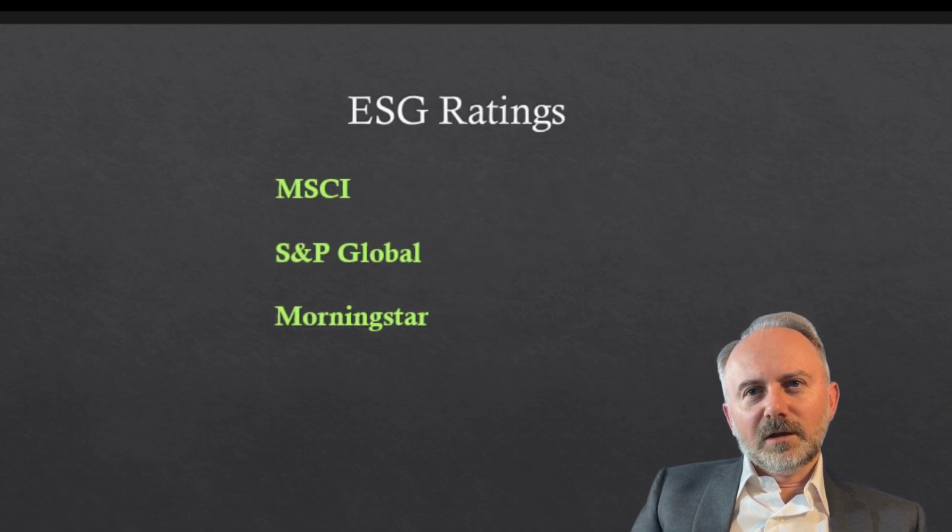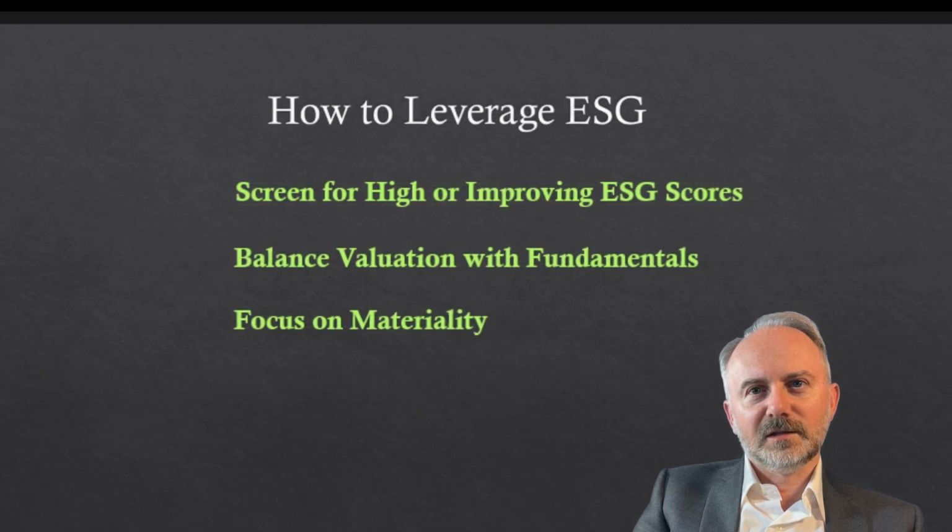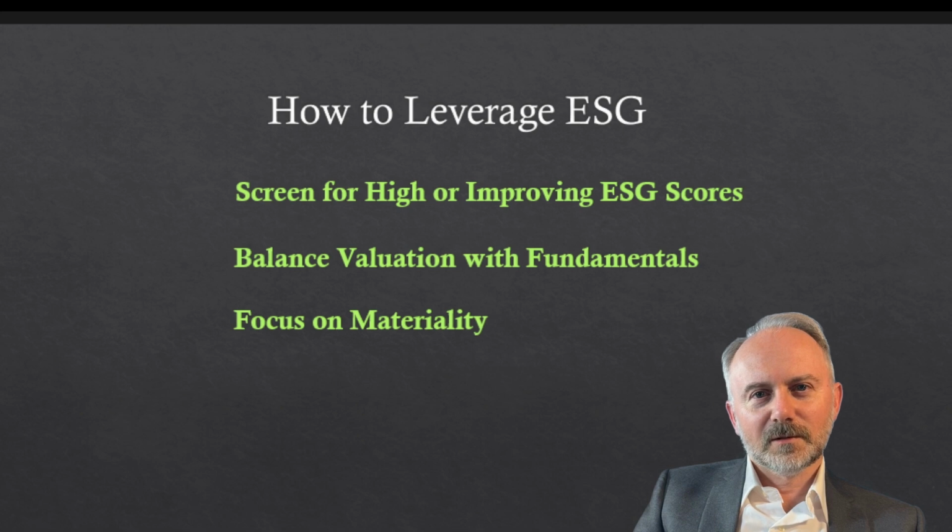So the way you can find ESG companies is there are some companies that have ratings. MSCI, S&P Global, and Morningstar all provide ratings for ESG. And you can monitor those ratings and screen for high or improving ESG scores. But also, because there's so much money flowing into those stocks, balance the valuation, which tends to be higher, with the fundamentals. Also, focus on materiality.